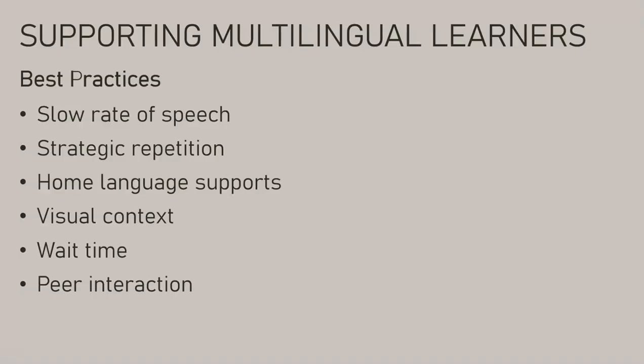Wait time is huge. Sometimes teachers ask a question and move on after 1 second, and language learners may still be processing the vocabulary, the syntax, and if they're a multilingual learner, the translation all simultaneously. And so wait time is really important.